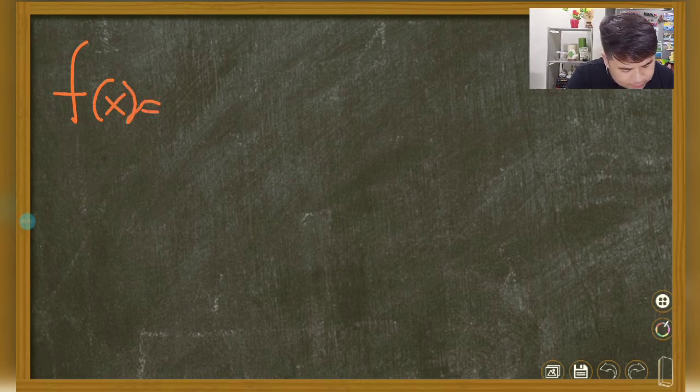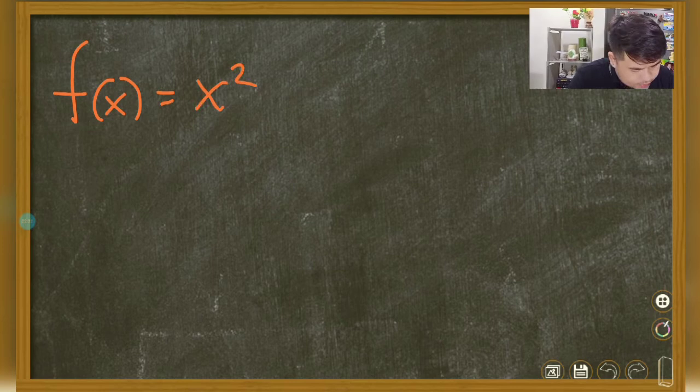So let's consider an example for understanding more of what a function is. We're going to consider the function defined by the rule, say for example, f(x) = x squared.